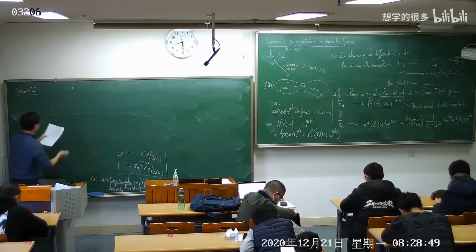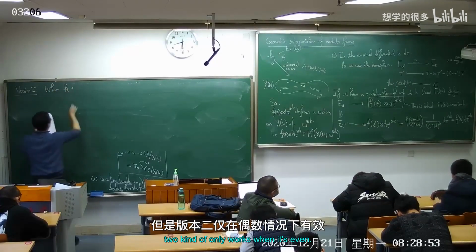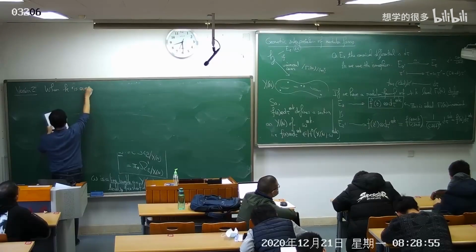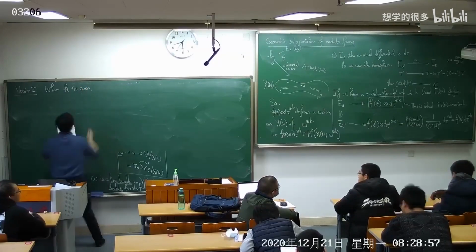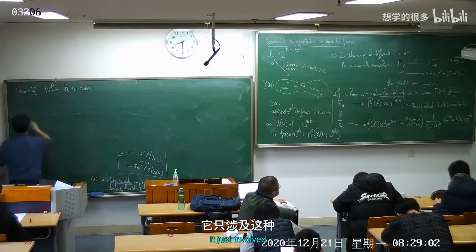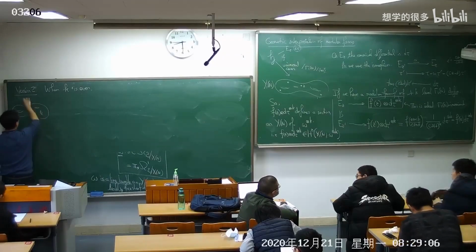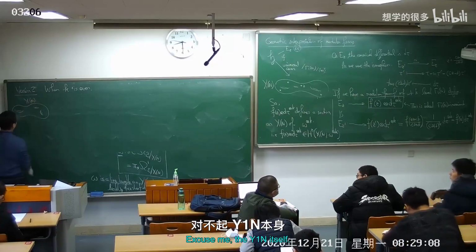It's sort of similar, but this version 2 kind of only works when k is even. So version 2 doesn't involve the universal elliptic curve. It just involves this Y1(n) itself.